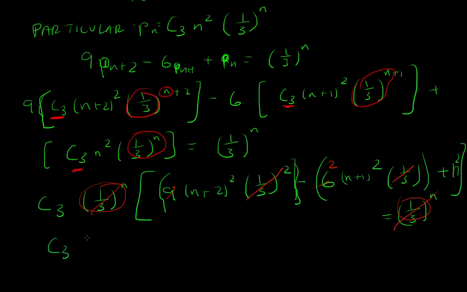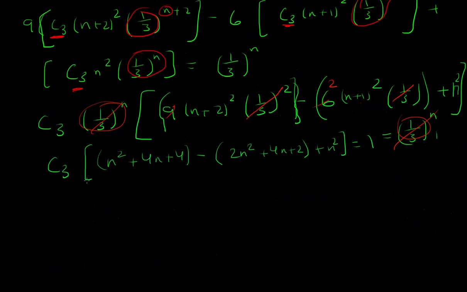We have C3 times (n² + 4n + 4) minus 2(n+1)², which is 2n² + 4n + 2, plus n², equals 1. Because the (1/3)^n, when we canceled it out, became 1.